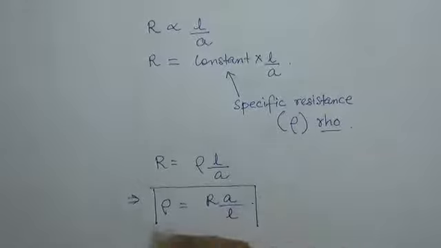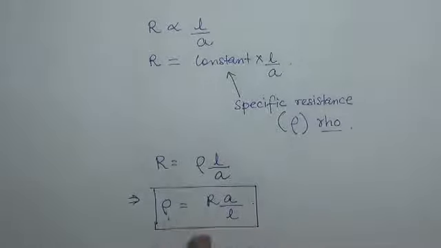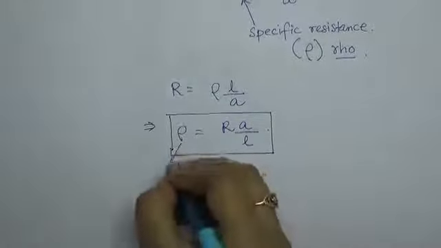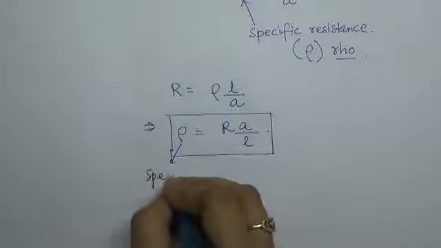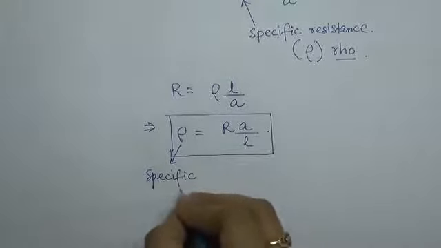So what do we have? Rho is the specific resistance or resistivity. We can also call it resistivity.